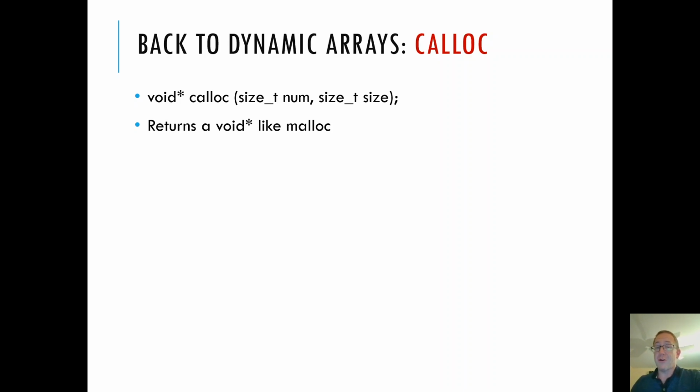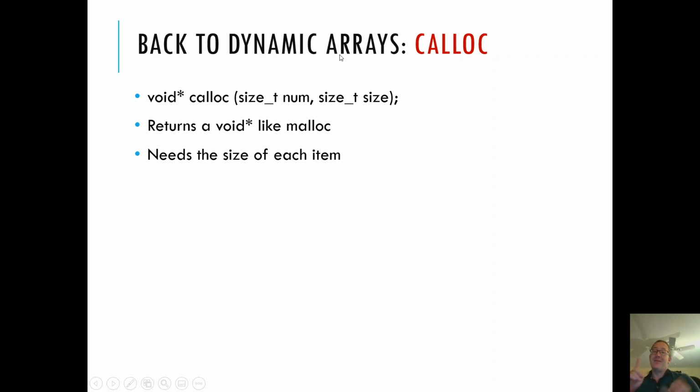It returns a void pointer just like malloc, but the difference is, I say the number of things I want, like say the number of integers I want, and the size of each integer. I pass in two variables instead of one. I don't do the math like I did before.